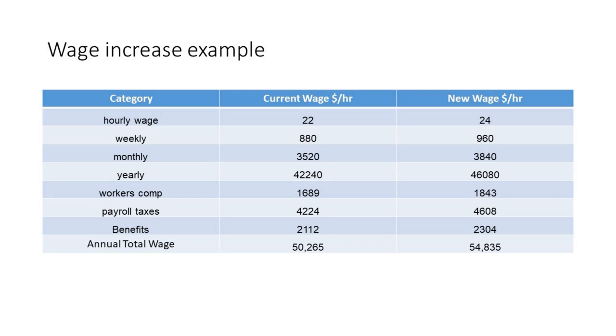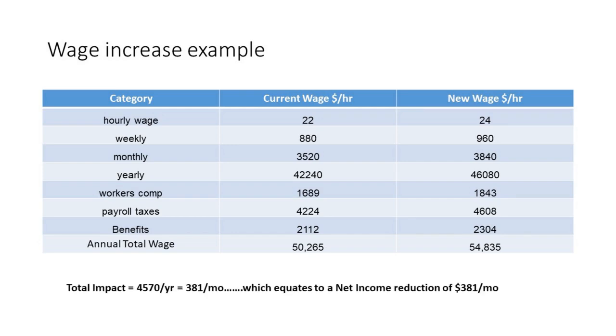Now, when we subtract the current total compensation from the future or proposed compensation, we can see that the total impact on our business will be $4,070 per year or $381 per month.